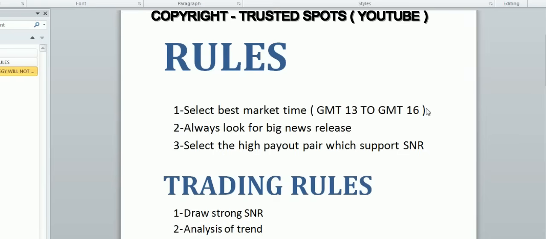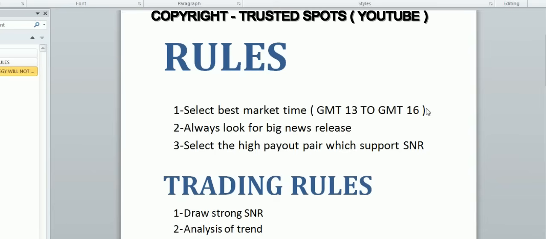If you have a job that hinders you from trading at this time, then you can select a different time. And if you don't know how to select the best market time, I have posted a video earlier on how to do that. You can watch it and understand it completely. Everything is explained clearly.